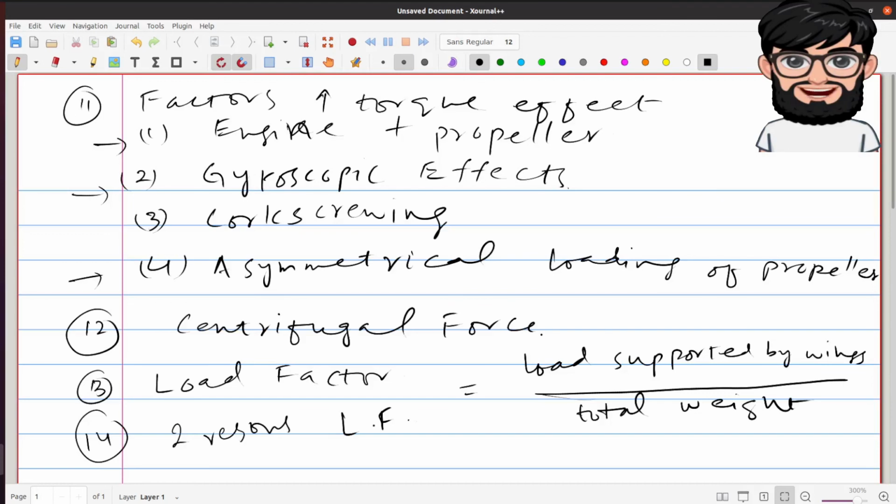And the other one is because an increased load factor increases the stalling speed and makes stalls possible at seemingly safe flight speeds. Yeah, these are the things we wanted to cover in this video.